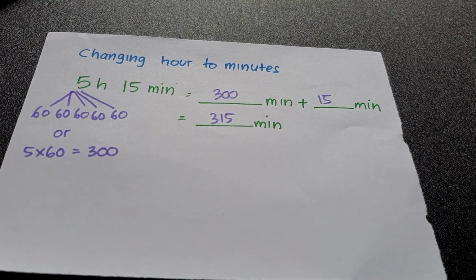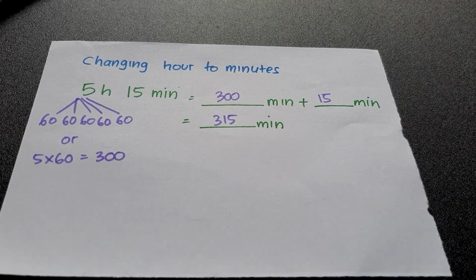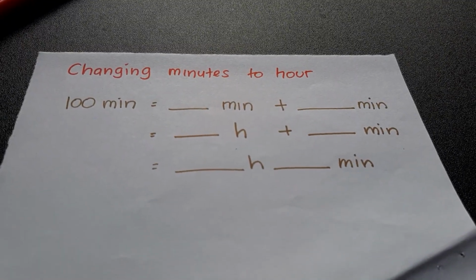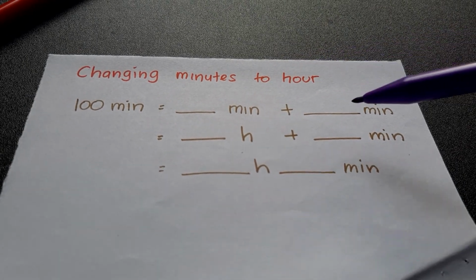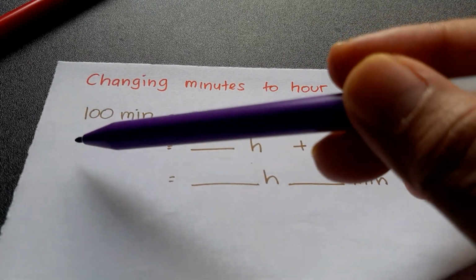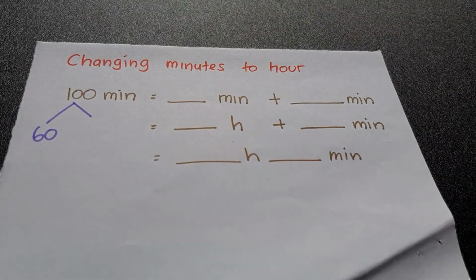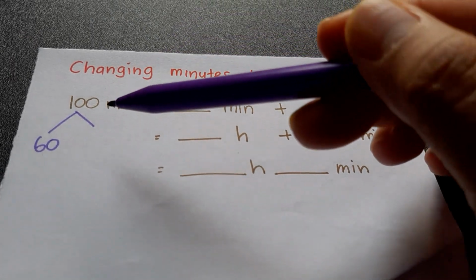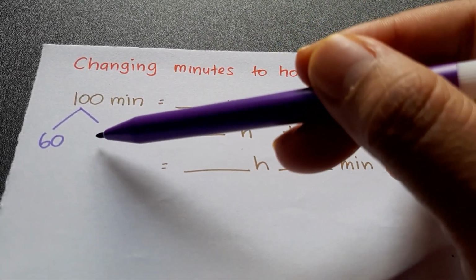Like this. Now Miss Uni is going to teach you about changing minutes to hours. Okay, take a look. We have 100 minutes. We have to change it into how many hours and how many minutes. This means you separate the 100 into 60 and something. Like this. Remember, number bonds, 100 is 60 and 40.